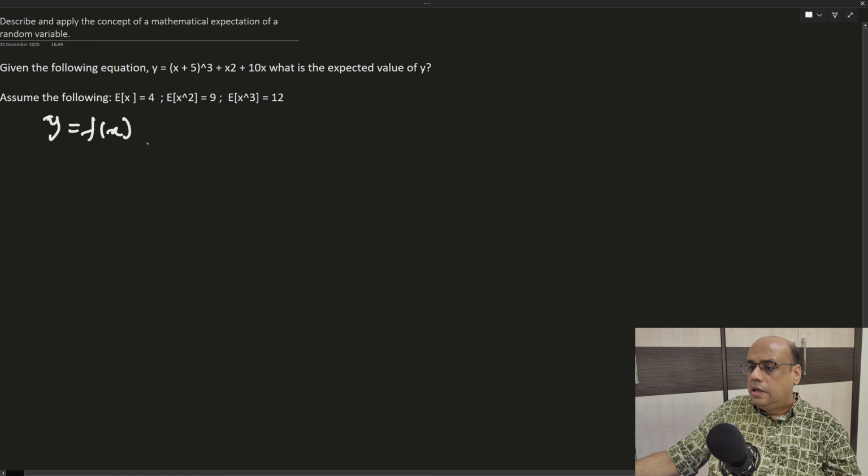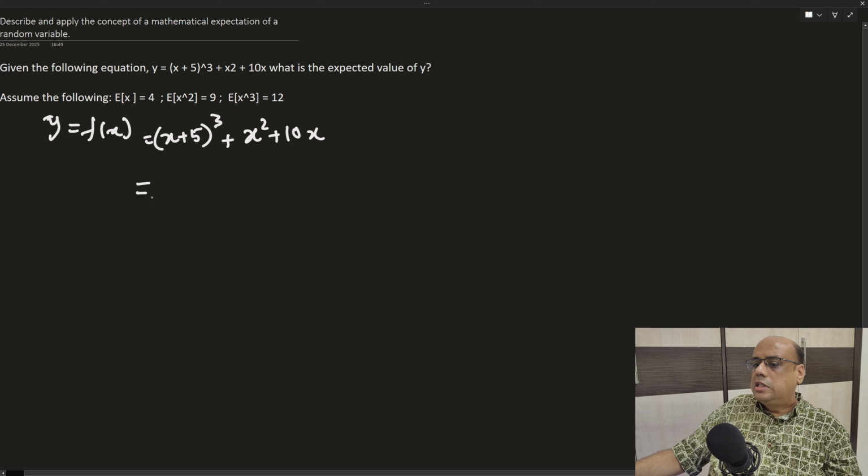Now it has been given that f(x, y) is equal to f of x is equal to (x plus 5) whole cube plus x square plus 10x, right? Then we just have to break it.